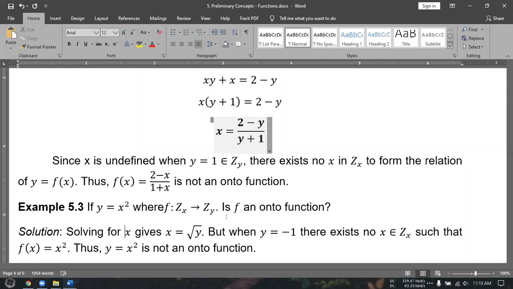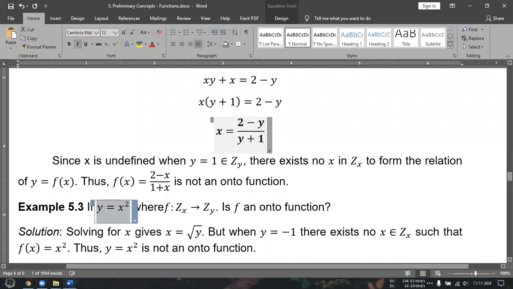Solving for x, again, we will be isolating our x and use this as our dependent variable. From here, y is equal to x squared. Extract the square root of both sides of the equation.